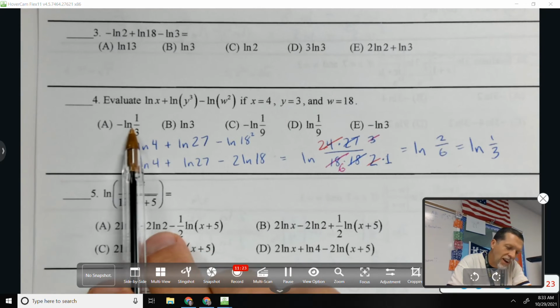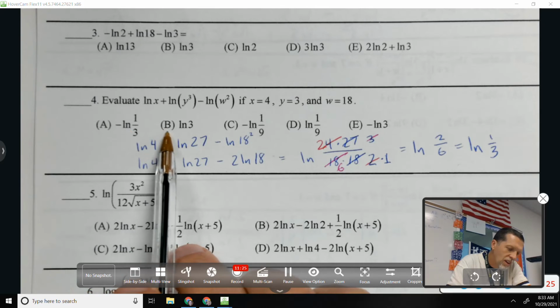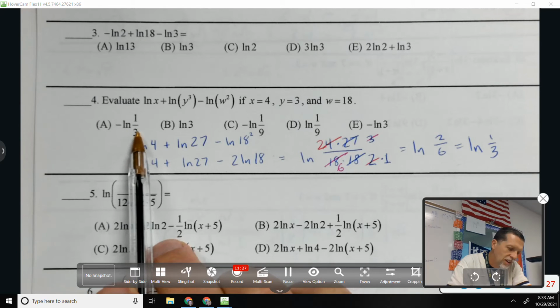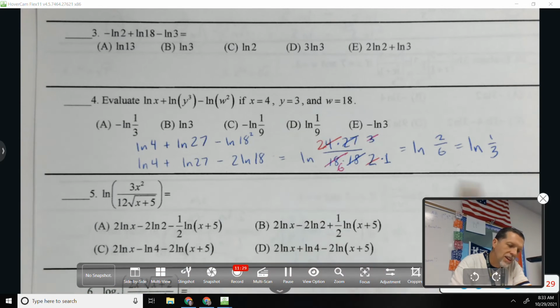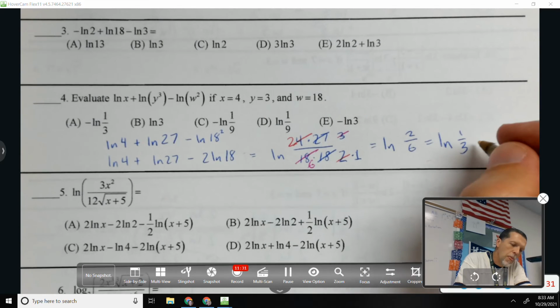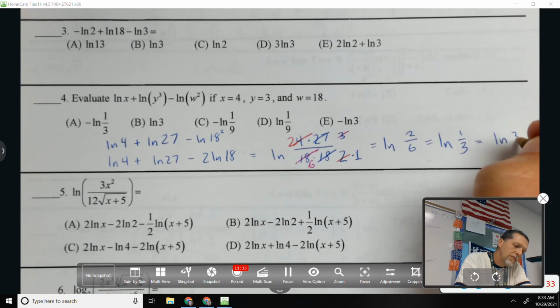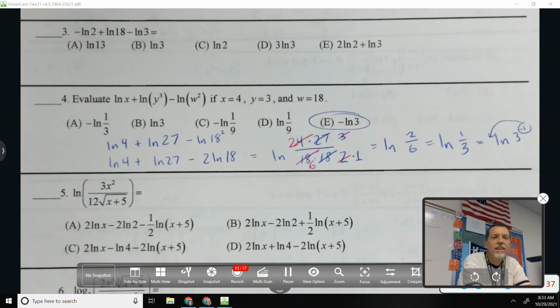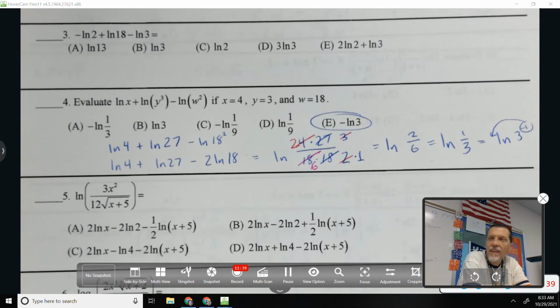I see negative natural log 3, or negative natural log 1/3. It's E. Why is it E? Because you can flip it: 3 to the negative 1, and then take the negative 1 out front. That's the simplest thing. We just talked about it 2 minutes ago.